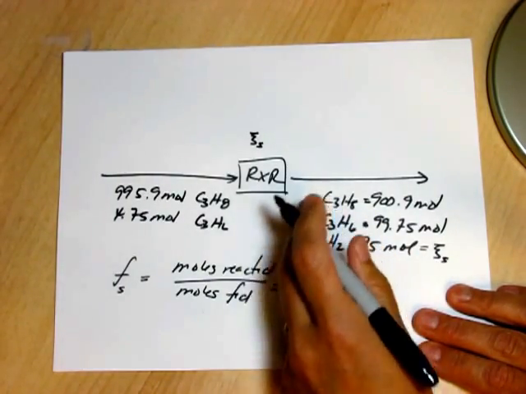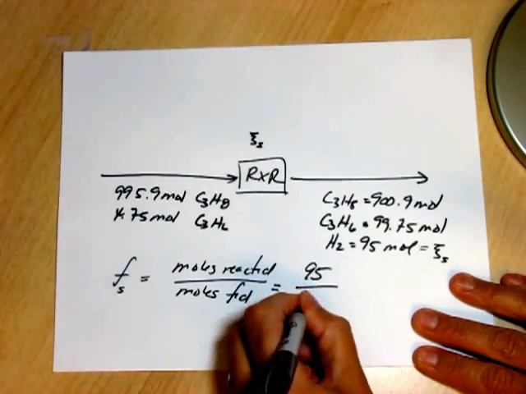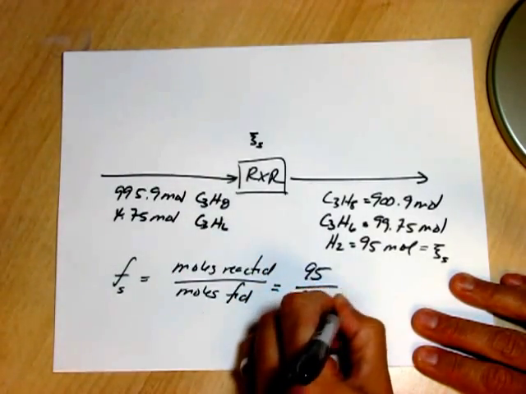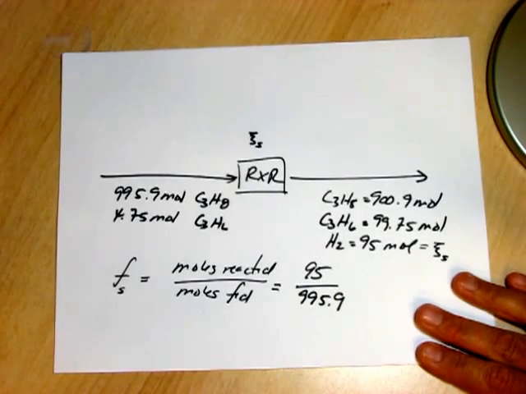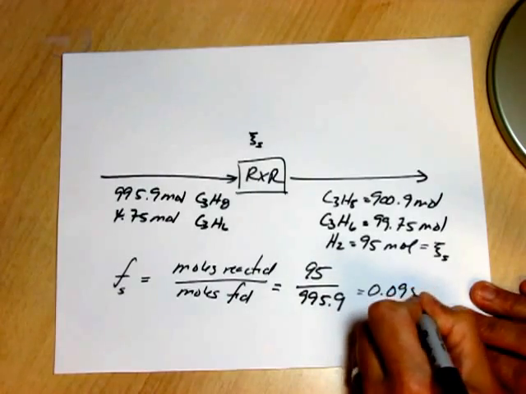It's the same for the propane, and the moles fed of propane is 995.9, and so the single pass fractional conversion is calculated as 0.0954.